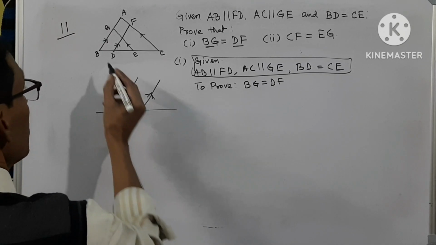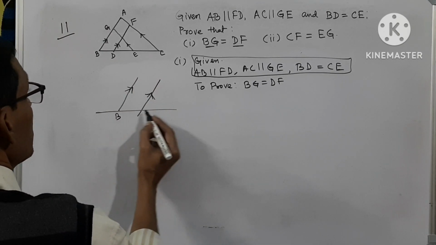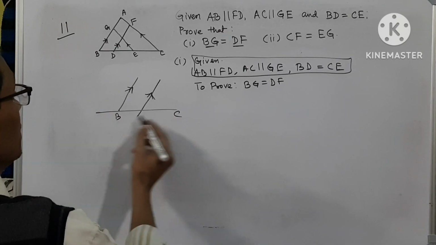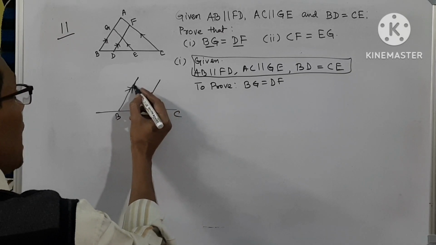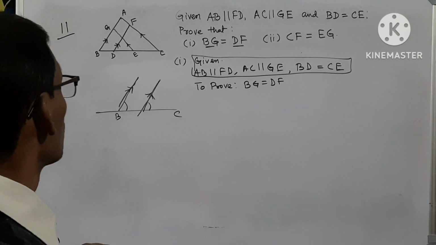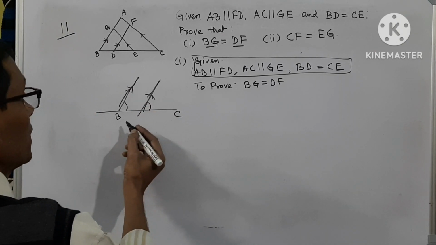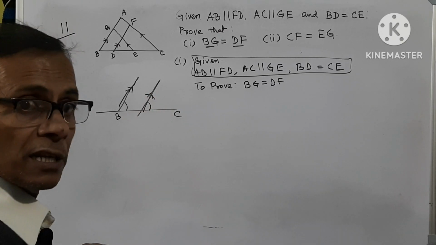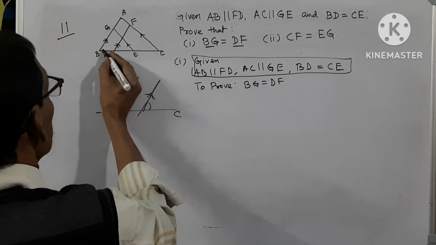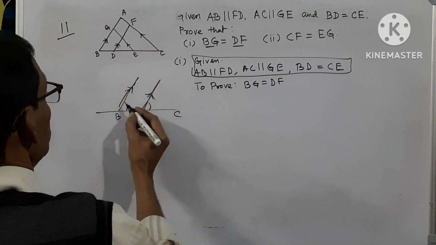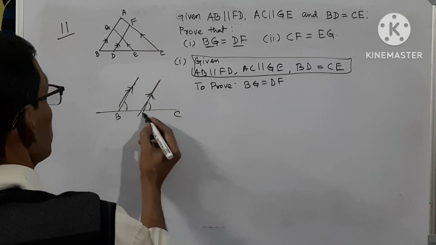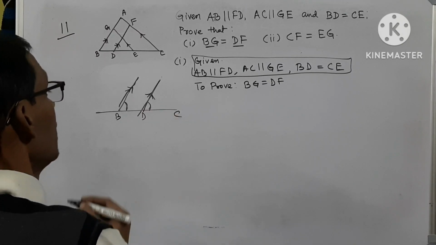Because BC is called the transversal. When BC is the transversal and these are two parallel lines, these angles are called corresponding angles, and in case of parallel lines, the corresponding angles are equal. So you can write this angle equal to this angle.